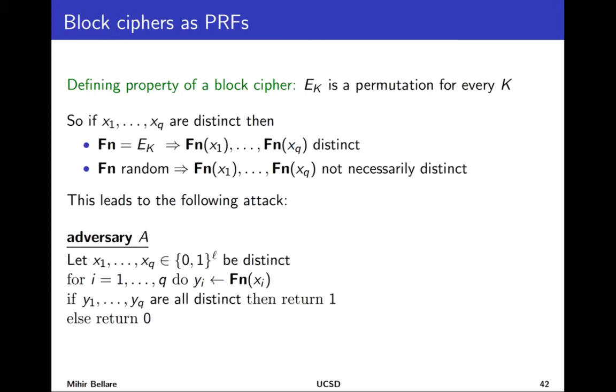Regardless of that, however, the outputs coming back from this box will be all different, assuming the inputs are all different, because otherwise you would violate the permutation property. However, if fn was a random function, no such restriction exists. The values coming back would all be random strings of length l, and so they could sometimes be the same. They might all be different, but maybe sometimes they won't, because random strings have some probability of sometimes being the same.